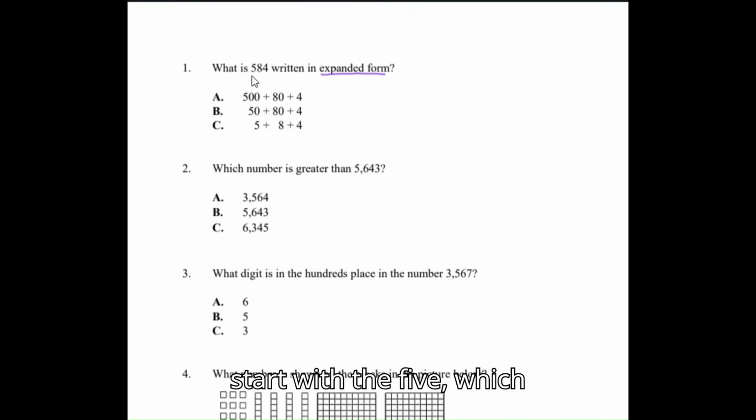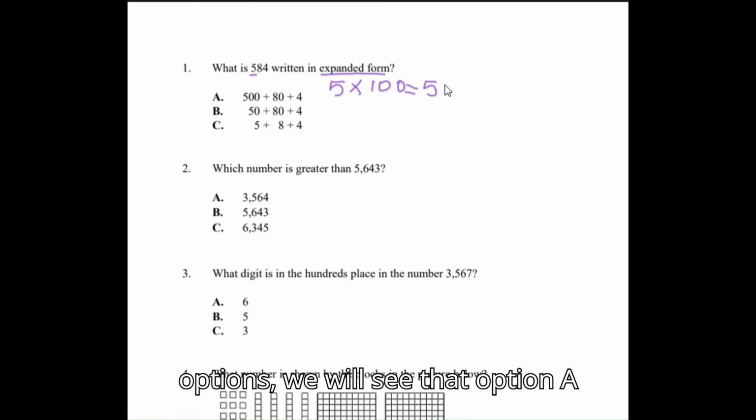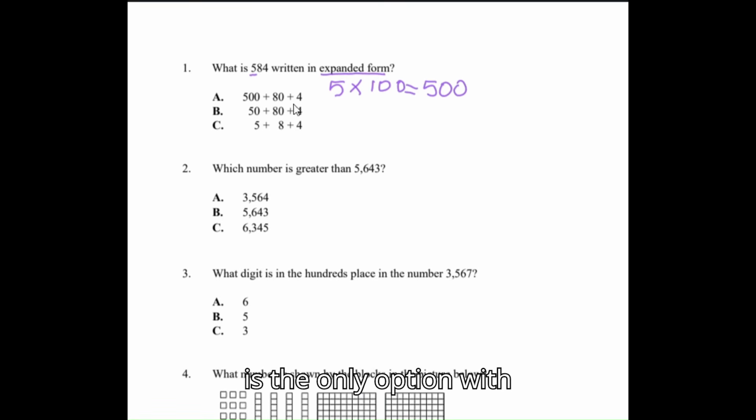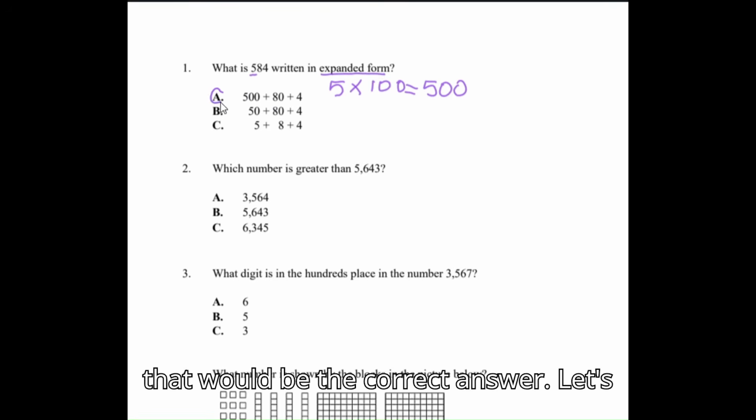So let us start with the 5, which is in the hundreds place. So 5 times 100 is 500. If we look at the options, we will see that option A is the only option with 500. So that would be the correct answer.